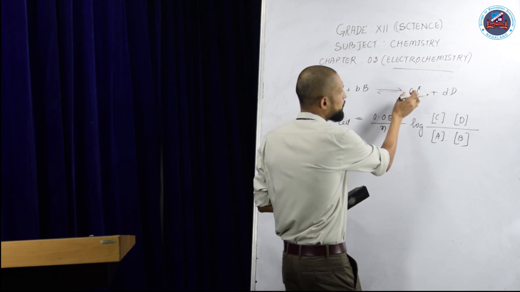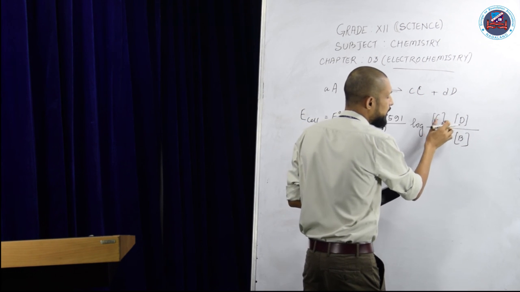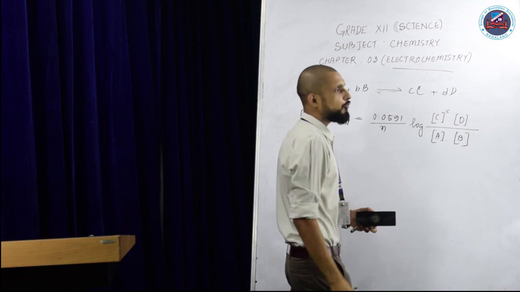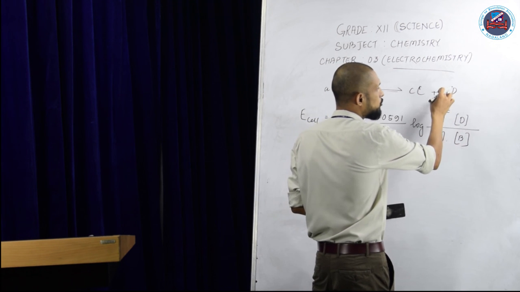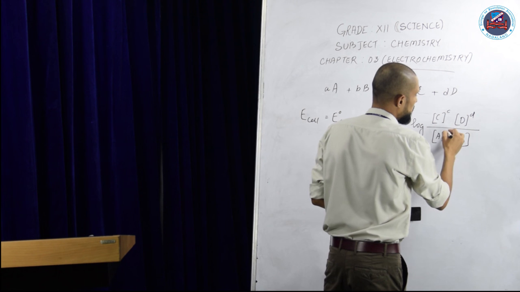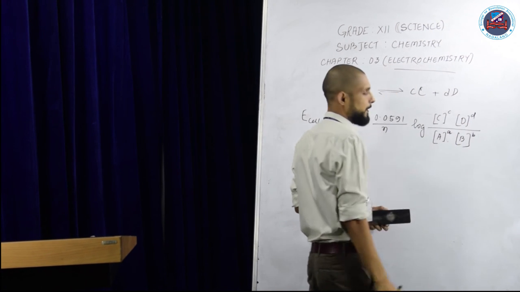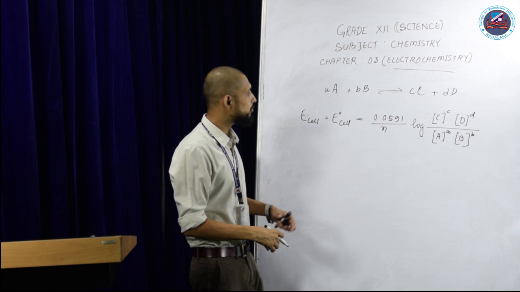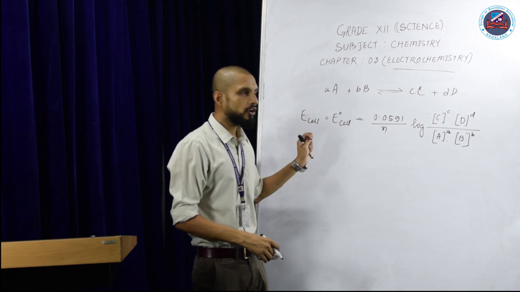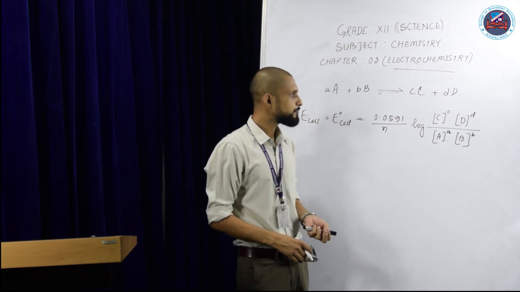So concentration of C to the power c, concentration of D to the power d. Similarly, A concentration power a, B concentration power b. So this is how we write Nernst equation for reactions with certain stoichiometric coefficients.